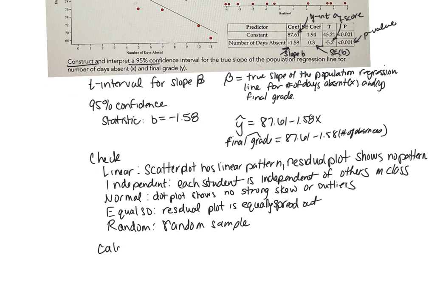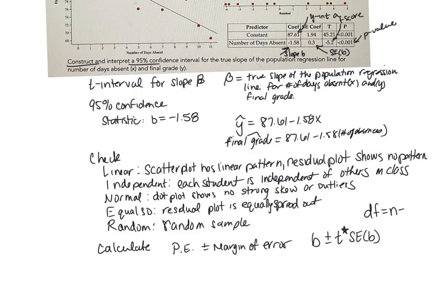R, calculate. We're doing an interval, so point estimate plus or minus margin of error. So the specific formula is b plus or minus t star times the standard error of b. Now remember, we pointed to b. So our b and our standard error, the only thing we need is the t star from the table. And the degrees of freedom is n minus 2.